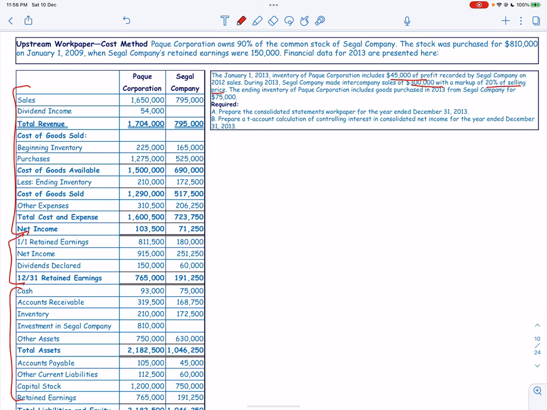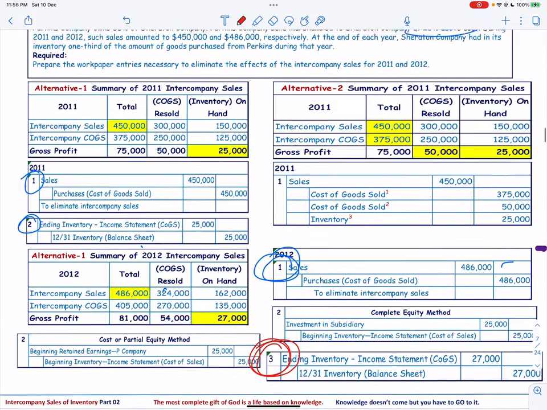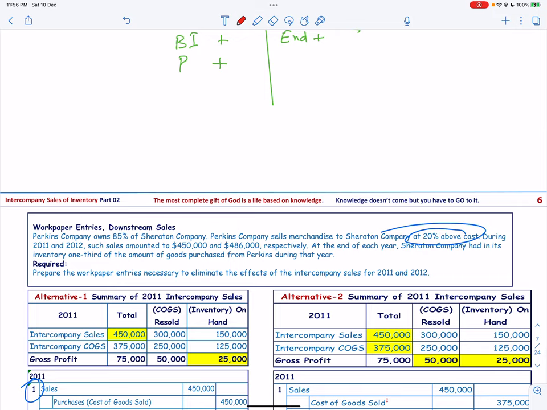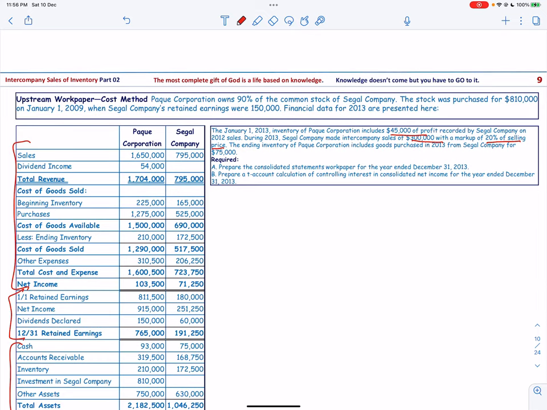Now this is interesting. If you look at the previous example, it was 20% above cost, and in this problem it is 20% of selling price. So obviously it has to be calculated differently, and I will explain that as we progress.